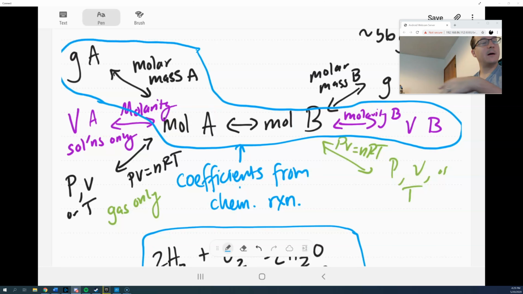We were going from mass of one substance. In this case, we were looking for molarity, but because we already knew the volume of B, we were just looking for the conversion factor there. But again, the key point here is that we're using these coefficients from our reaction to convert from one substance to another substance. Okay, that's the big thing here, this middle part.